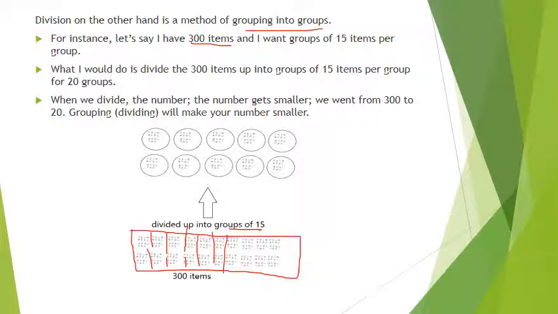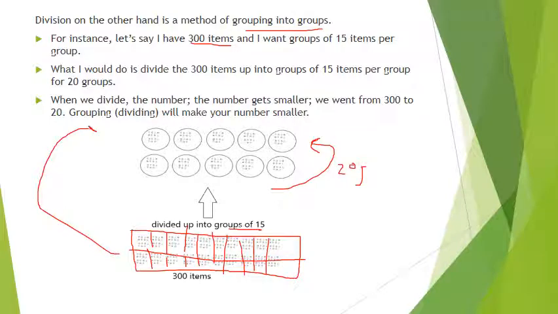When I divide them all into groups of 15, I end up with 20 groups. If you notice, when you put things into groups, the number gets smaller. You go from 300 to 20.